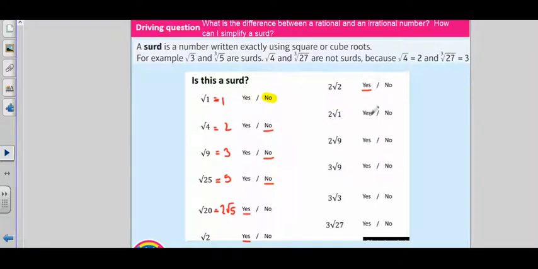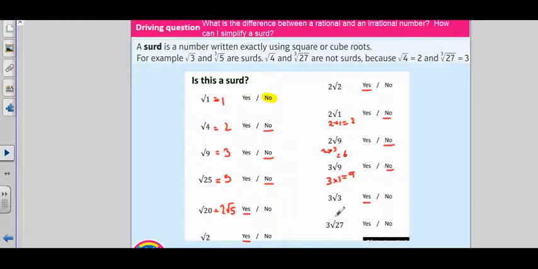2 root 1, no, because the square root of 1 is 1, and 2 multiplied by 1 is 2. 2 root 9, no, that's not a surd, because we would say 2 multiplied by 3, which is 6. 3 root 9, no, we'd say 3 multiplied by 3, which is 9. 3 root 3, yes, root 3 is a surd.